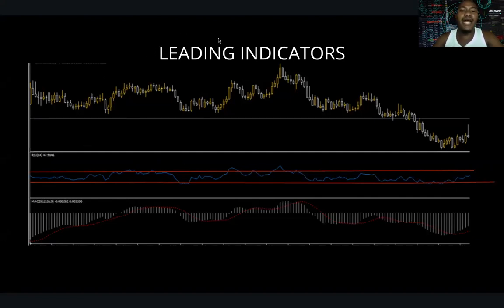So according to this, here we were overbought and we should have expected the market to do what? To start selling.